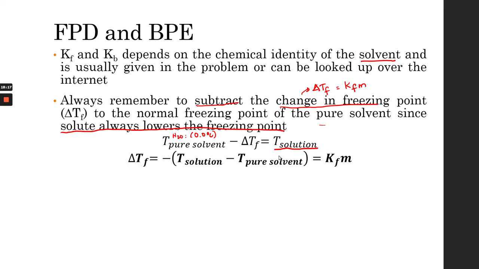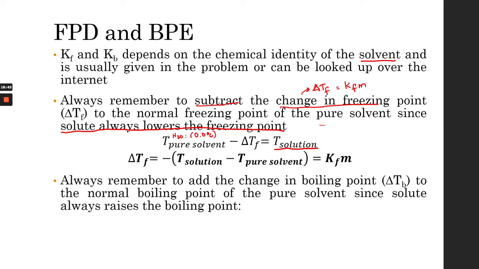Which basically means, we're just rearranging the equation, that delta TF is basically equal to the negative of the new temperature of the solution minus the temperature of the pure solvent. Again, delta TF is also equal to Kf, or the freezing point depression constant, multiplied by the molar concentration.